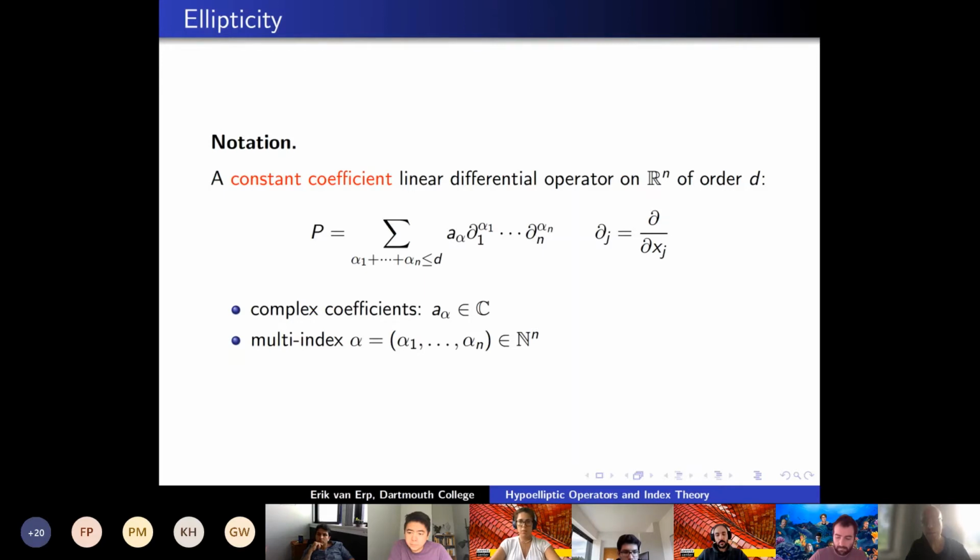I allow complex coefficients in this theory. You take a whole bunch of monomials, you add them up, you get a differential operator. I try to minimize the text on the slide, but I hope this is not too hard to memorize. The basic thing is that when I write del j, I mean d/dx_j.